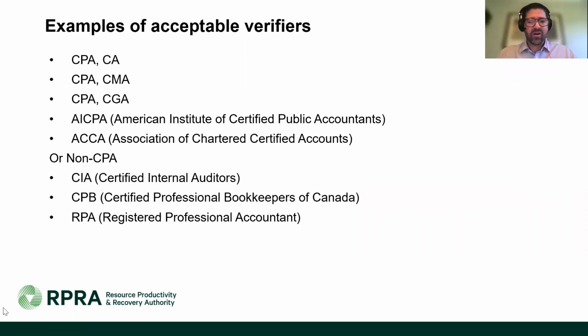So here are examples of qualified persons. So certainly chartered professional accountants, as well as chartered accountants, certified management accountants, certified general accountants, a person licensed by the American Association of International Certified Professional Accountants, a person certified by the Association of Chartered Certified Accountants, certified internal auditors, a certified professional bookkeeper regulated in Canada, or a registered professional accountant.